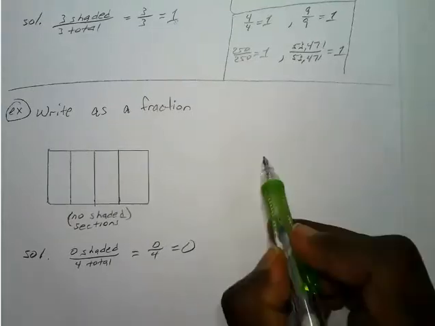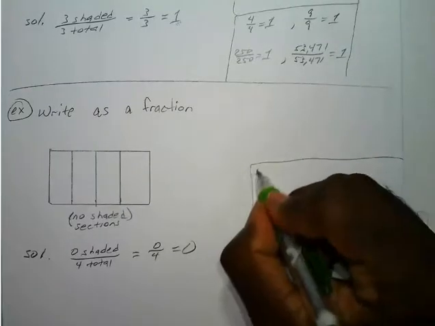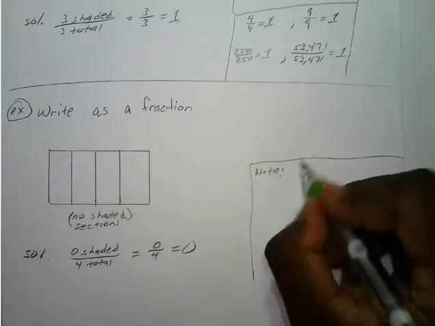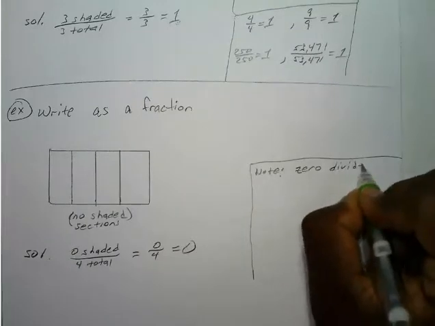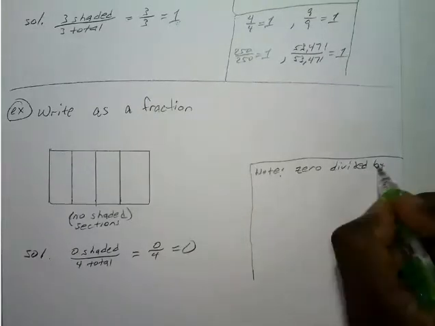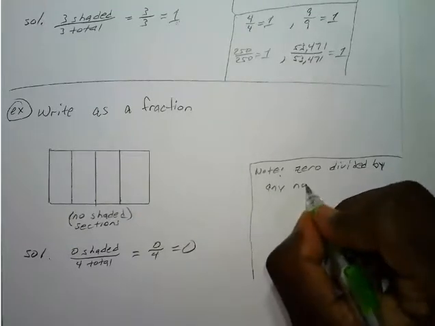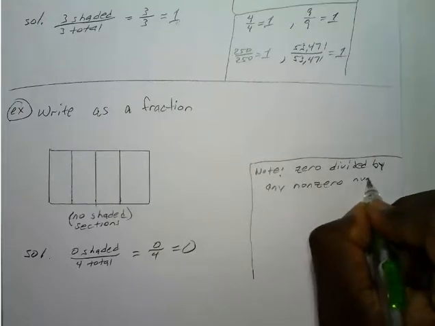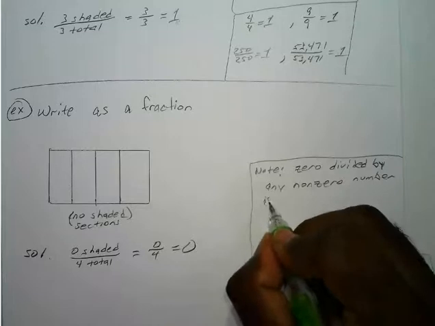Okay, now with this one, again, a side note here. Zero divided by any non-zero number is always 0.